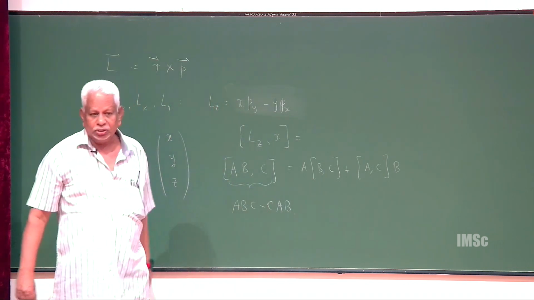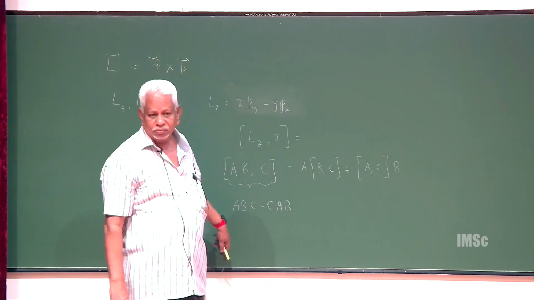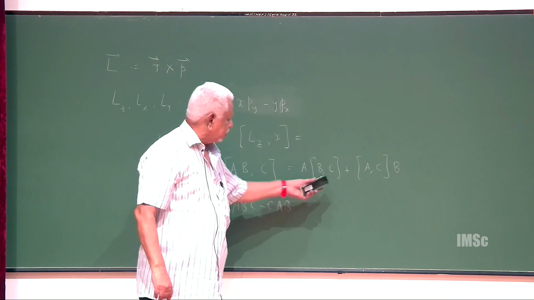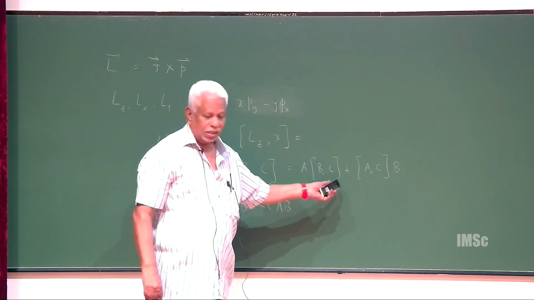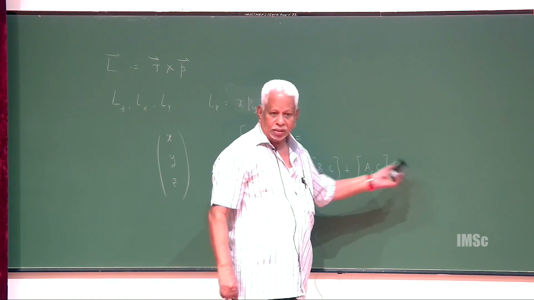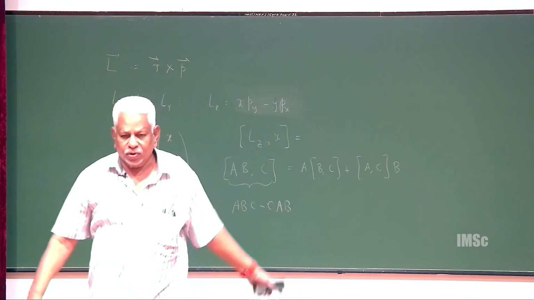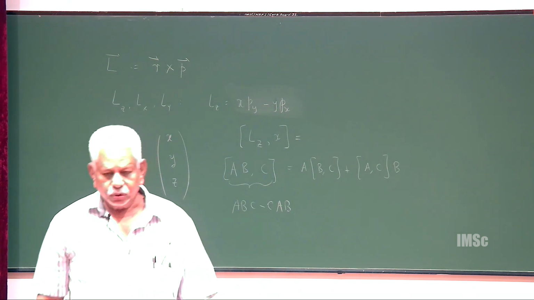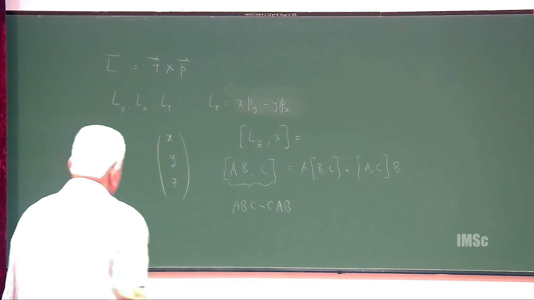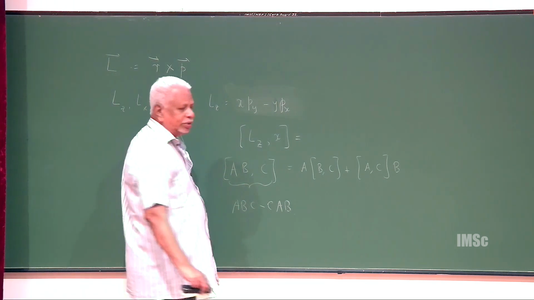If you expand the right side, you write ABC minus ACB, similarly ACB minus CAB, and you will find exactly what I have written on the left hand side. So, using that you can work out all these commutators, okay. This is what is there, and I will tell you what will happen.